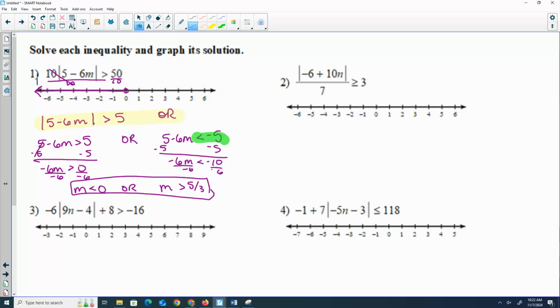Greater than 5/3. 5/3 is between 1 and 2. Open circle, going to the right. Okay, but that first part highlighted in yellow, that's where I saw a lot of mistakes. You guys didn't divide by the 10. Or you did, but you didn't write that step, so you didn't know if you had ands or ors at that point.